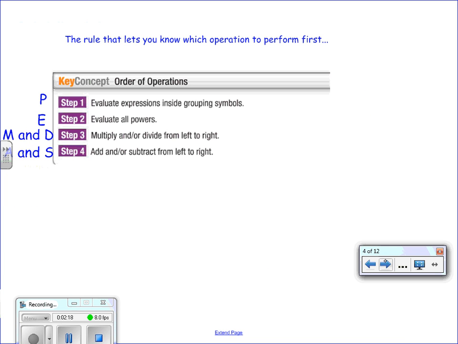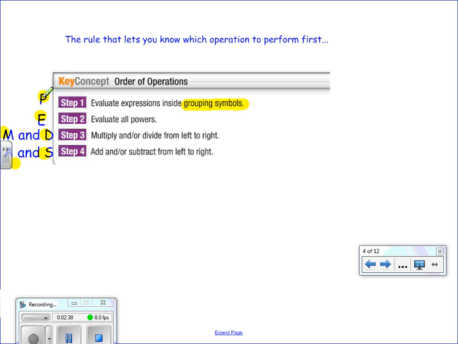Easy enough. All right, order of operations. You'll remember PEMDAS. That might be how you like to think of it: P-E-M-D-A-S. Parentheses are all different kinds of grouping symbols.